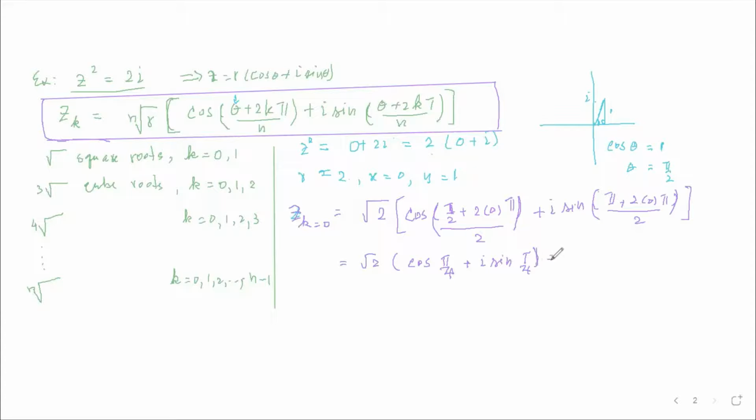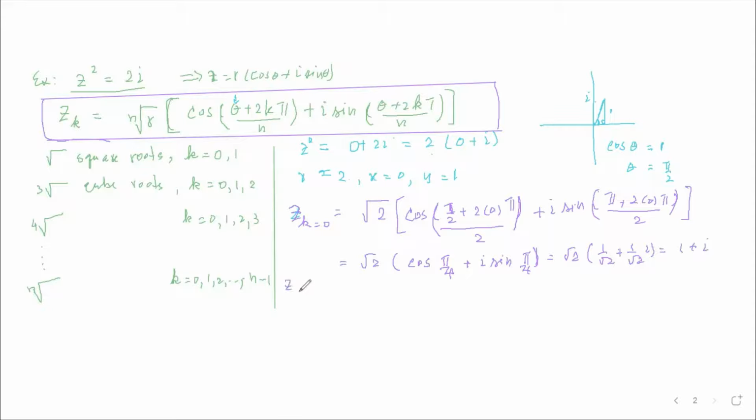Okay, now you can simplify. So root 2, cosine pi over 4, so 45 degree is what? First quadrant, 1 over root 2. And this one, same thing, plus 1 over root 2 i. So finally we have 1 plus i.